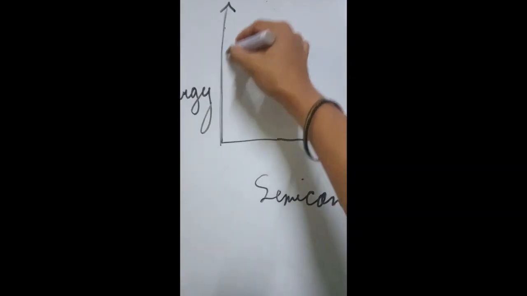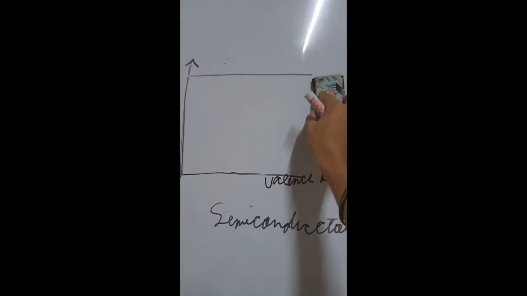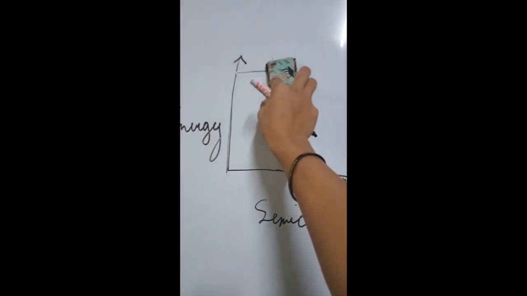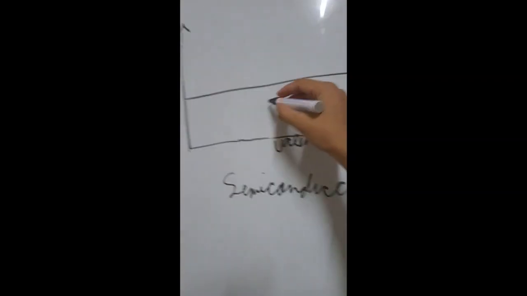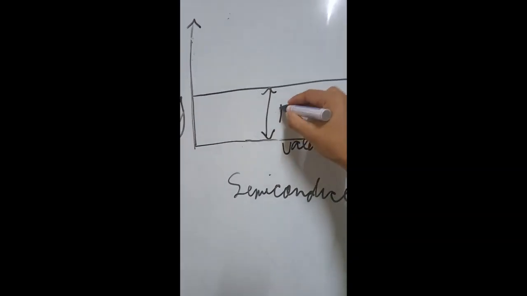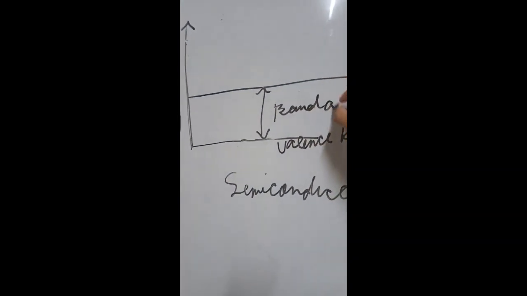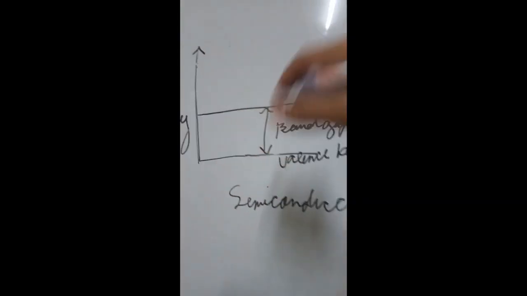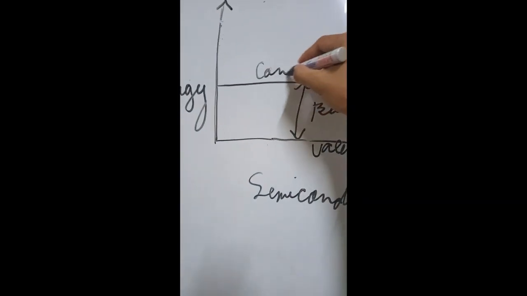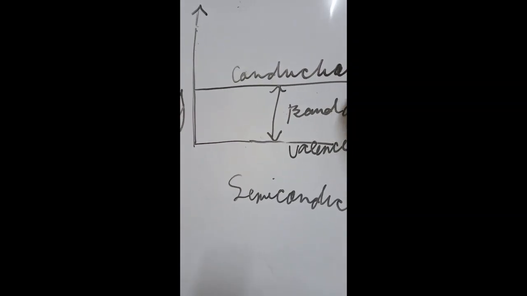This will be the gap we saw a while ago, the gap between the conduction band and the valence band for the insulator. But for the semiconductor, it goes right there. The band gap is just not too high and not too low. It's just neutral, and this will be its conduction level, or its conduction band.